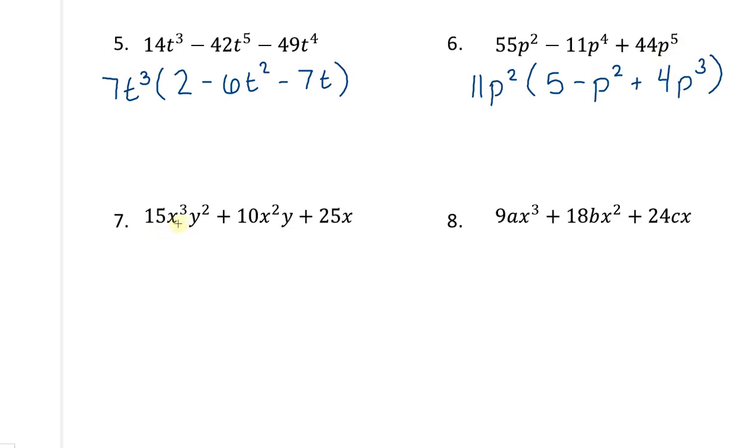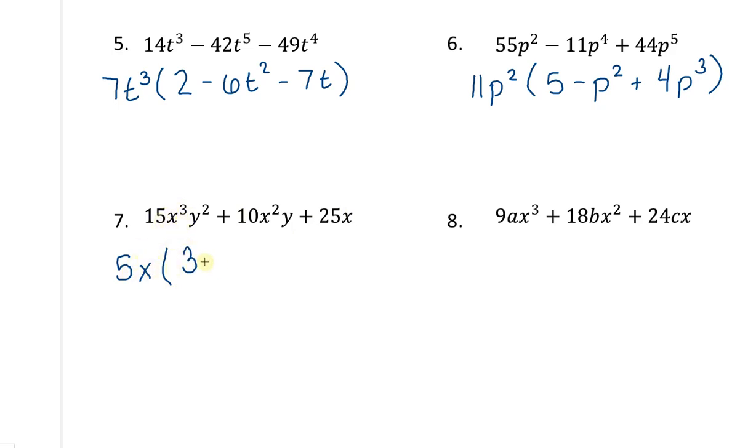Number 7, we have 15, 10, and 25. The greatest common factor there is 5. Then we have x to the third, x squared, and x, so we're just going to take out an x. Y squared, y, and no y, so we're not taking out any y's, because our last term does not have any. So 15 divided by 5 is 3.